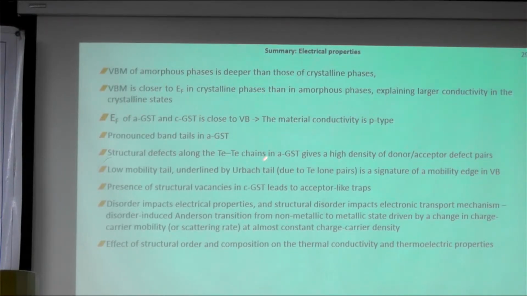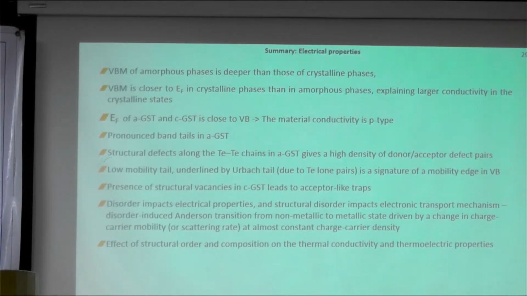The structural defects along the tellurium chain in amorphous GST give a high density of donor-acceptor defect pairs, and the low mobility tail, underlined by the Urbach tail due to lone pairs, is a signature of the mobility edge in the valence band.